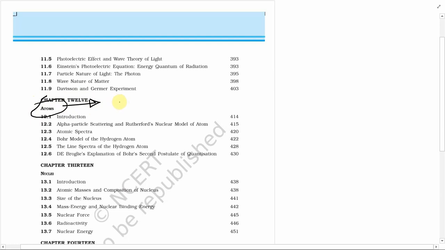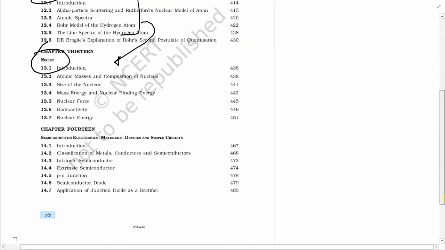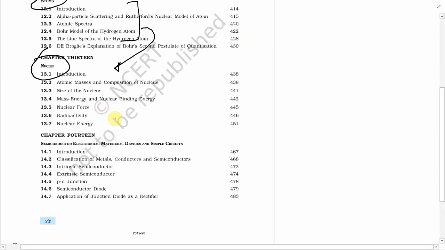As we know that matter is made up of atoms, so naturally, while studying matter, we move up to the atom. And after studying the atom, obviously we will go deep inside the atom and we will study the nucleus in the next chapter. And ultimately, after studying the nucleus, we get into the semiconductor devices, which you can see as the modern part of physics.